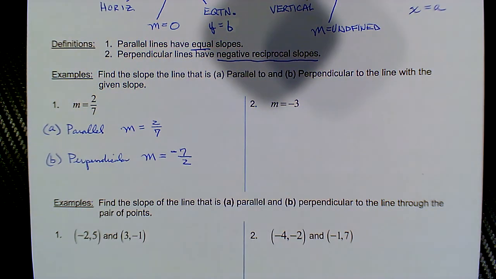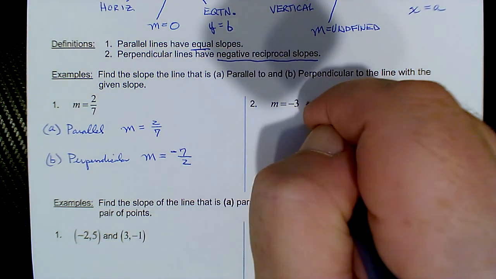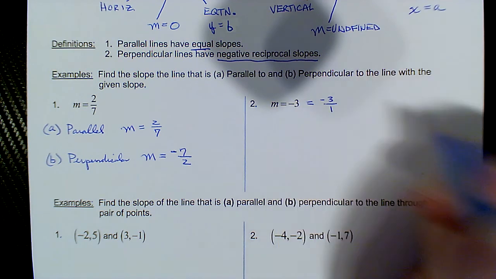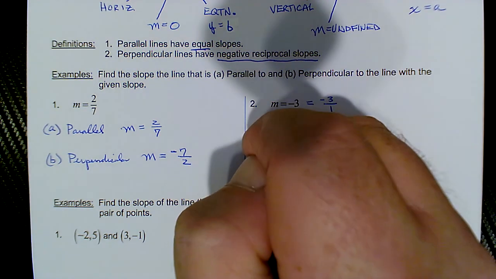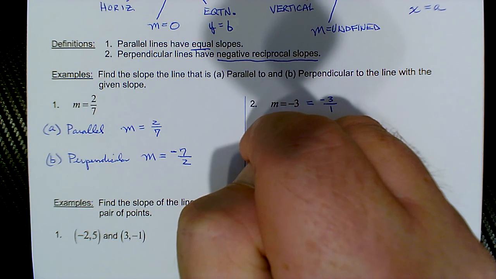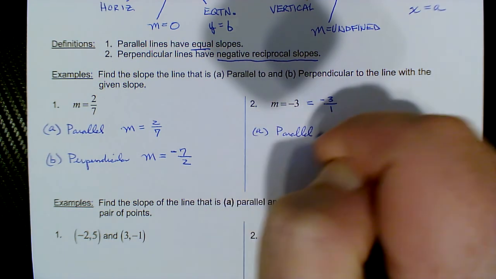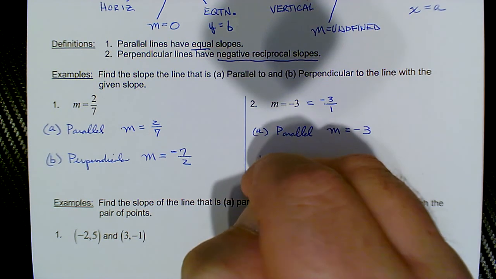Okay, so getting back down to our examples, here's what we were doing earlier: x1, y1, x2, y2, calculate the slope, y2 minus y1 over x2 minus x1.